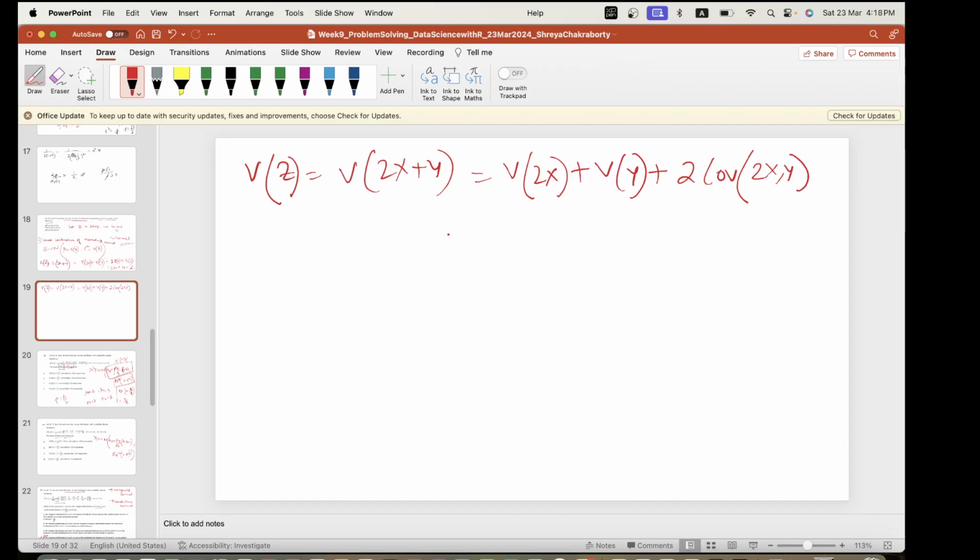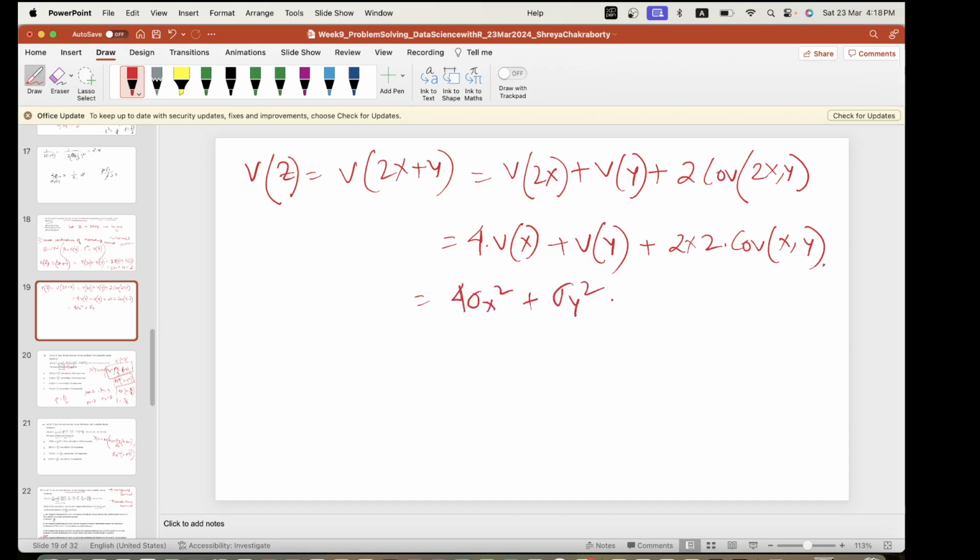So this one we will write as 4 into variance of x, since it is variance, the constant will come out with a square, plus variance of y plus covariance of 2x and y will be 2 into 2 of covariance xy. So this will be 4 sigma x square plus sigma y square plus 4 covariance of xy, which is rho sigma x sigma y.